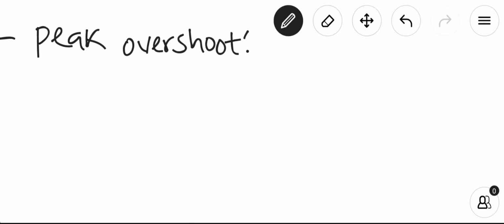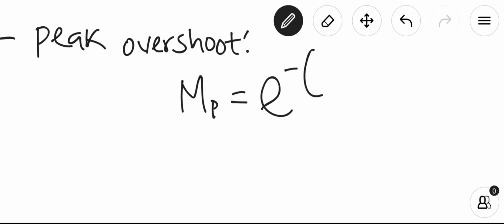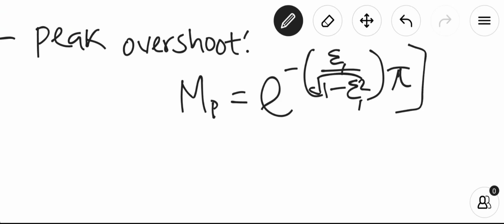Now the next thing we are asked to calculate is peak overshoot. I still gave the formula in my previous video. Peak overshoot Mp is equal to exponential of minus zeta over square root of 1 minus zeta squared, times pi, all times 100, because this is in percentage.